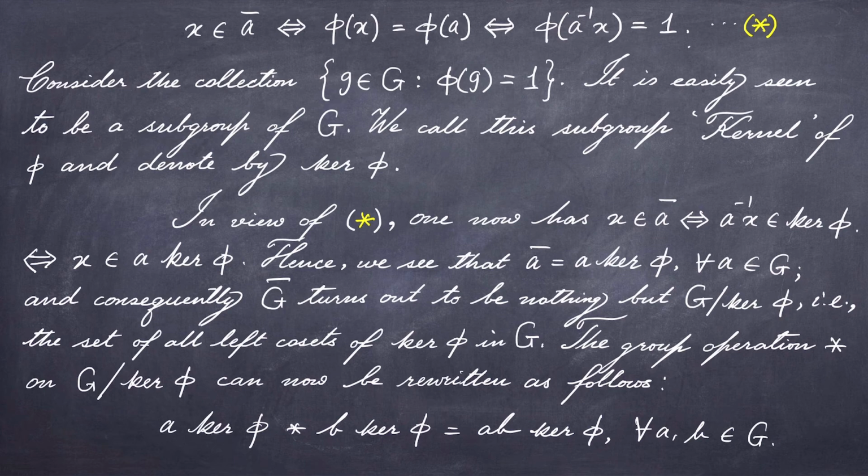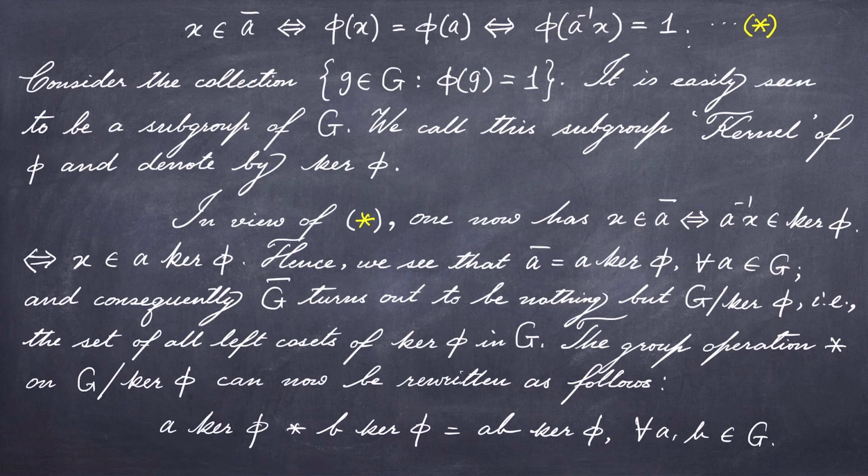So we consider the collection of all such elements. This collection is immediately seen to be a subgroup of G. We call this subgroup the kernel of phi and denote it by ker phi. So the star statement shows that x is related to A if and only if A inverse x is in the kernel of phi.